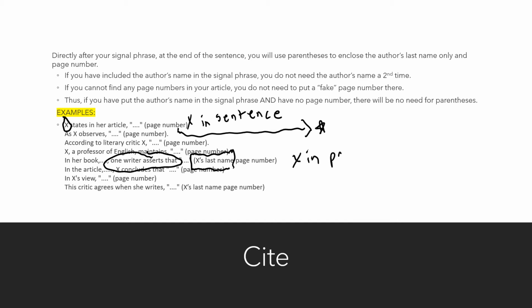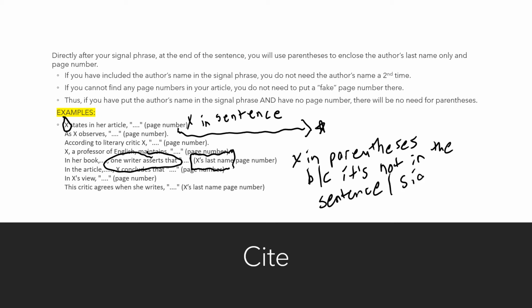So I'll write that again: X in parentheses because it's not in the sentence. Signal phrase.